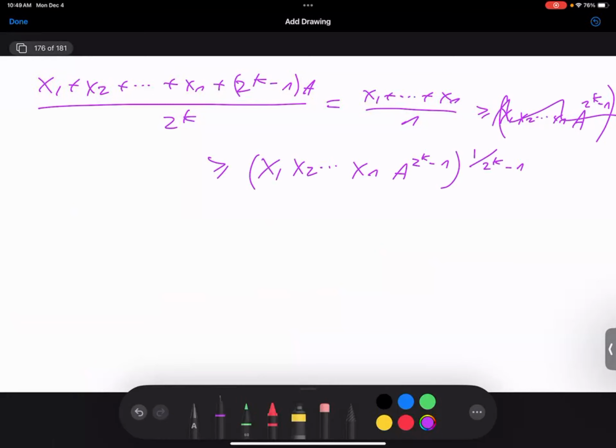Okay, so now, can we show that this is greater than or equal to 1? What do you think? We're very close. We've got the arithmetic mean of the x's is greater than or equal to. But what about each a? Each a is just the arithmetic mean, right? So each a equals x1 plus xn over n.